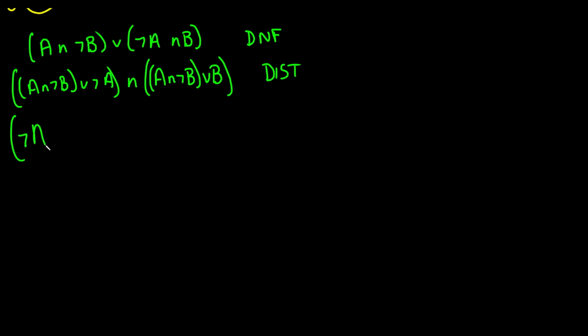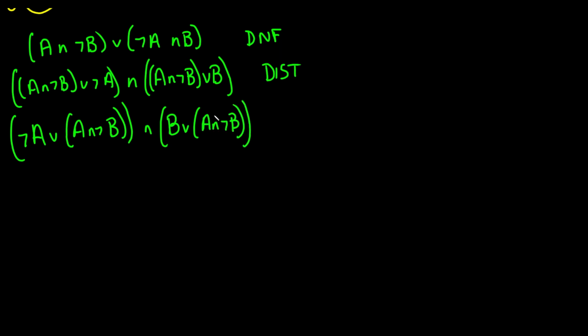I'm just going to rearrange this a little bit so the distribution rule is easier to see. I'm writing B or A and not B. I've just swapped these disjuncts around using commutation.